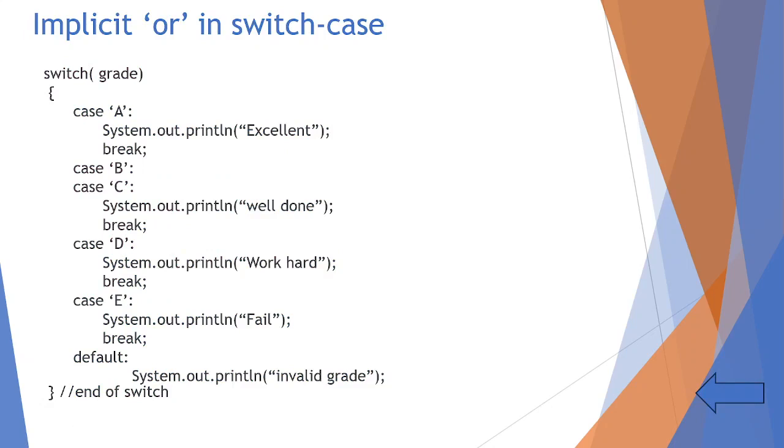Case A, B, C, well done, we want to mention. So implicit OR may cause ambiguity. One should be very, very careful in writing a switch case program without break.